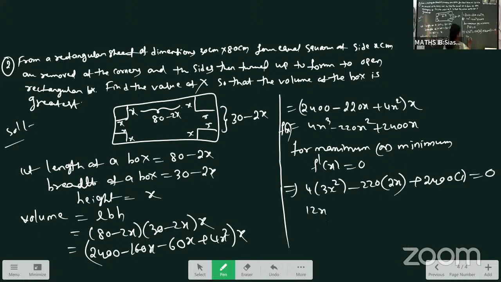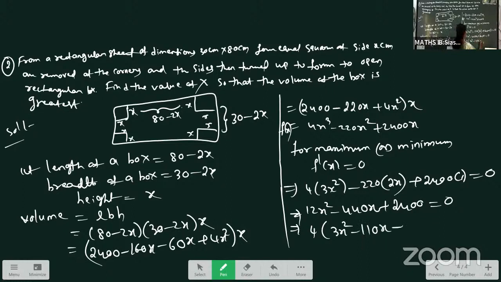That is 12x square minus 440x plus 2400 equals 0. We can take 4 common: 3x square minus 110x plus 600 is equal to 0.